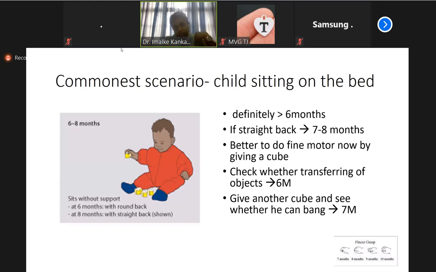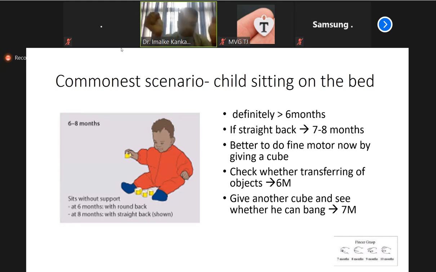Before you do the next task, please take back all the things you have given up to now. Otherwise, a child with object permanence, which develops around 9 months, will be looking for the things he was given before, right? So he'll be looking for these cubes again and again. He will not be receptive for you to go ahead with the next steps of the examination.